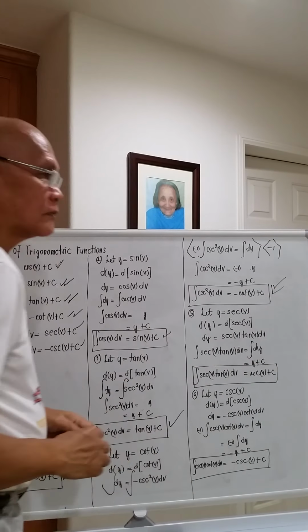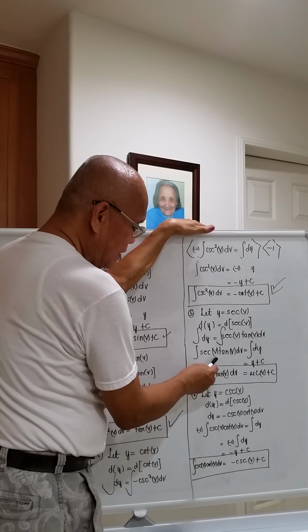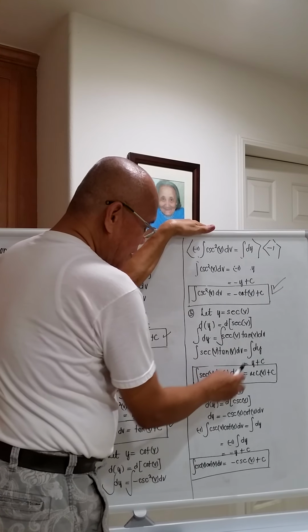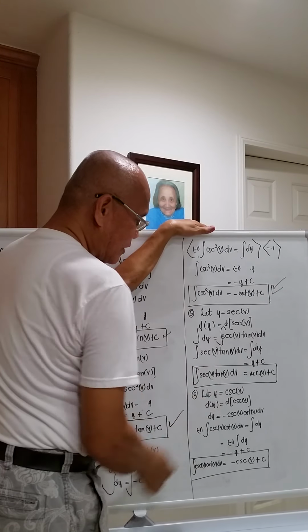We put this on the left, we put this on the right. So the integral of secant of b, tangent of b db, equal to the integral of dy. The integral of dy is just simply y. Right? But what is y? It is secant of b. So in general now, the integral of secant of b, tangent of b db, equal to secant of b plus c. That's formula number 5.